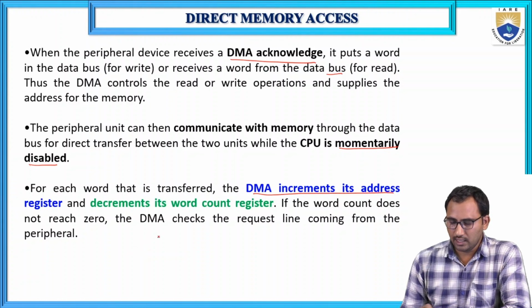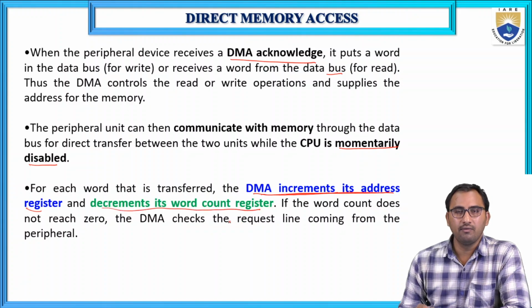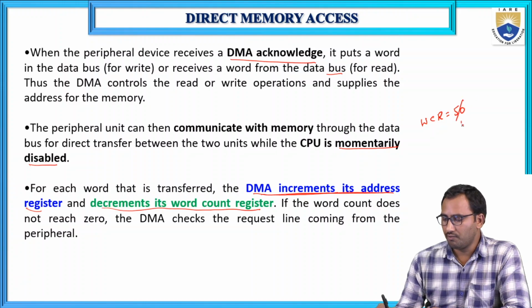IO device, the DMA increments its address register by 1, and also decrements the word count register by 1. Suppose the word count register, WCR, starts at 50, as we are transferring 50 words of data. Once one word transfer is completed, it becomes 49.